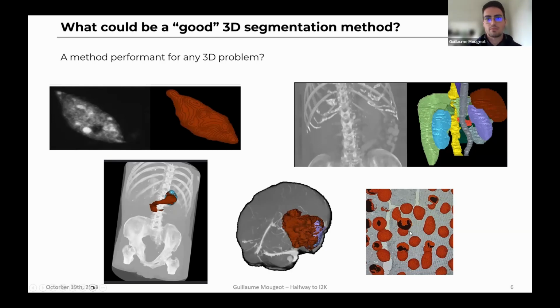You can imagine the same with microscope images: mitochondria, cell membranes, any organelles in the cells. Everything is applicable to medical and biological fields.